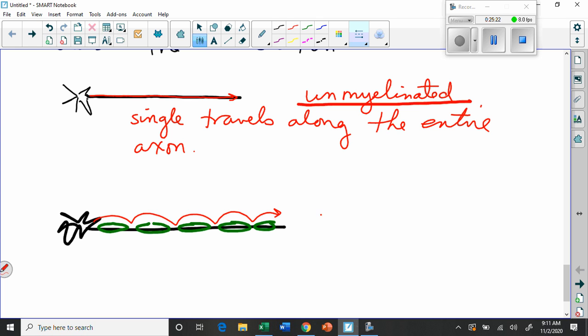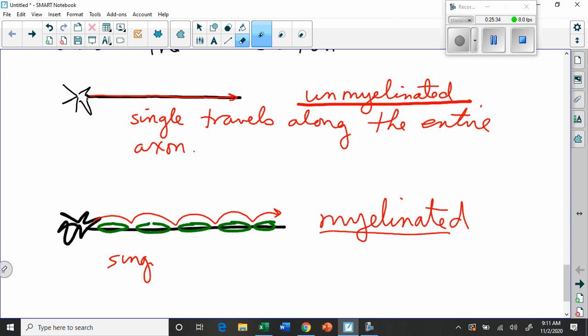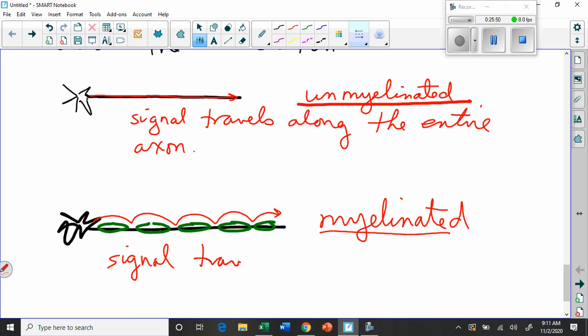So this would be a myelinated cell, or a myelinated axon. And what would happen is the signal, single. I wrote single up there too, look at that. Signal. This is Monday morning. Signal, not single. The signal travels from node to node.